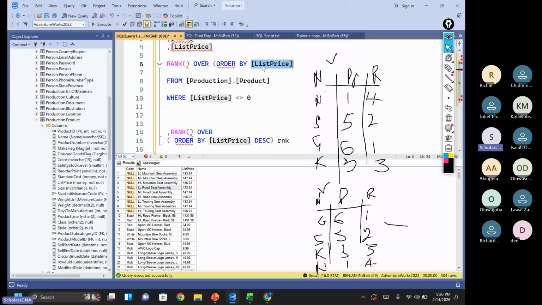I will explain this again, in descending order. And I want to name it as rank 1.